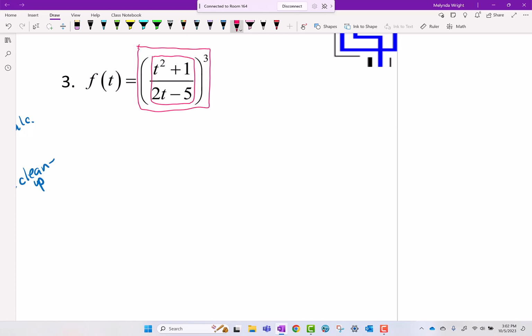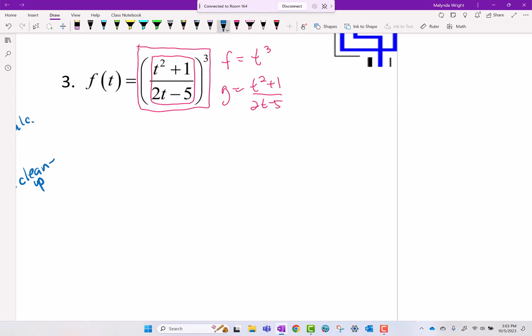Quotient rule. So it's going to be fairly extensive. If I was writing what f was, f would be like x cubed. Again, we know it's not an x, it's just some bunch of stuff. And g would be, it's not x cubed, we'll call it t cubed, because they're using t's. And g would be t squared plus 1 over 2t minus 5. Okay, so we've got our work cut out for us.